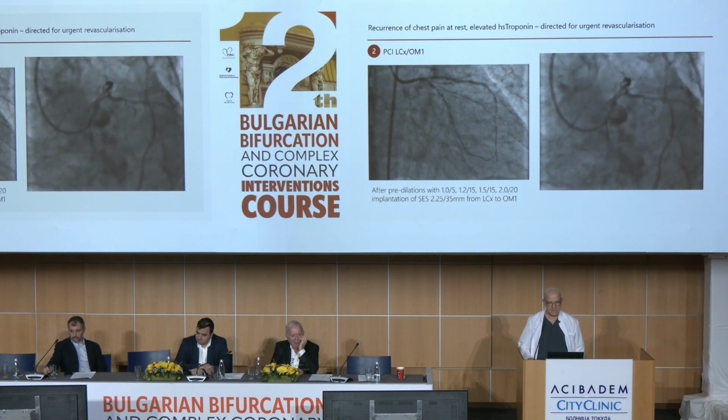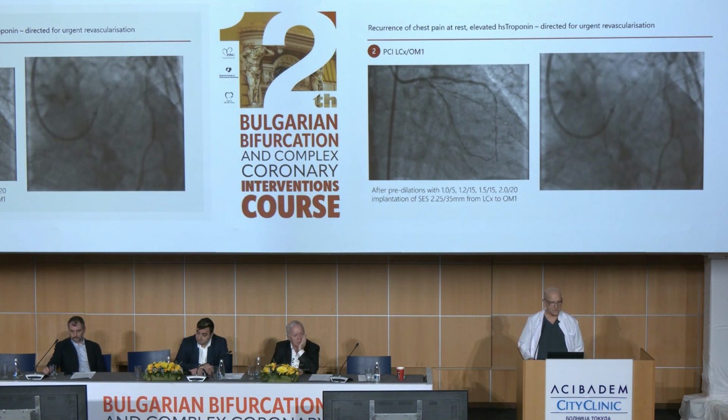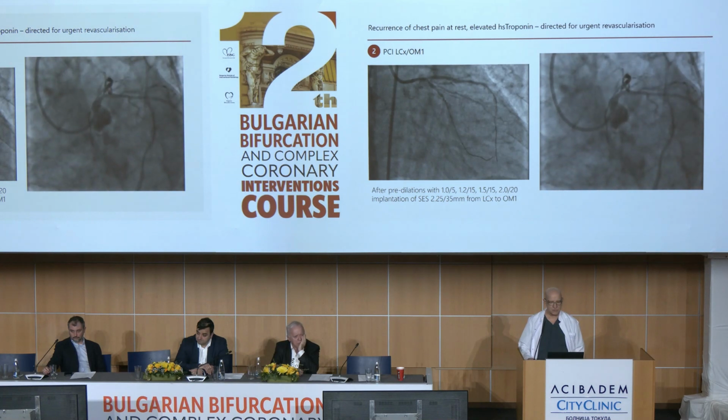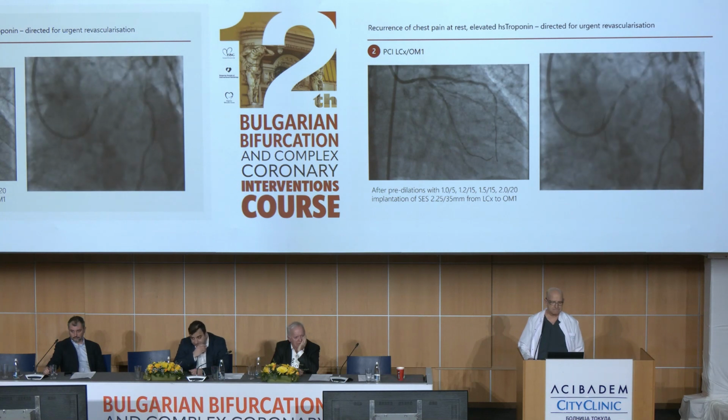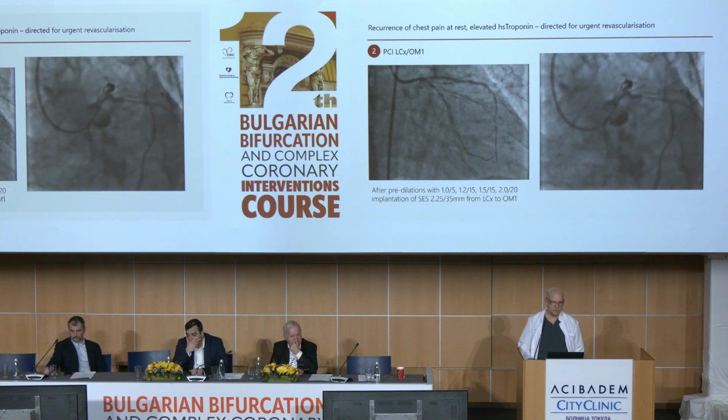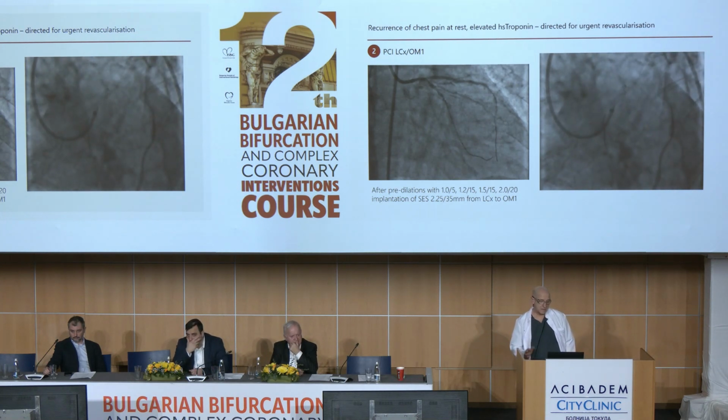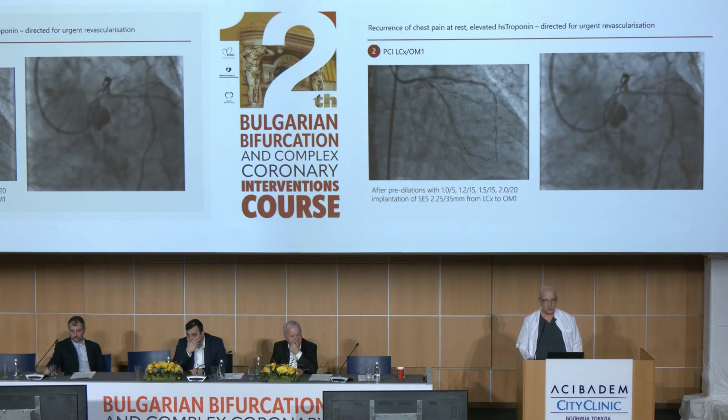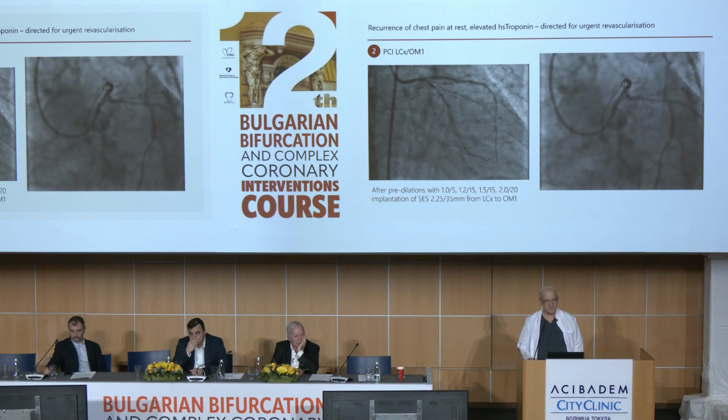What we did is stenting with a 2.25 stent from the CTO and a proximal stent 2.5 up to the proximal part. In my view, and that's what we decided, the ostium of the circ seems not that diseased.